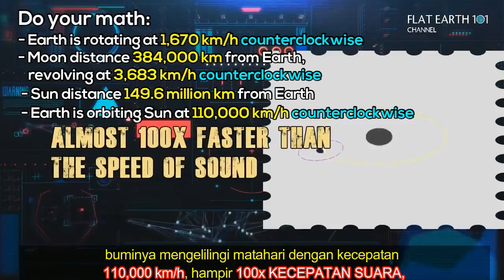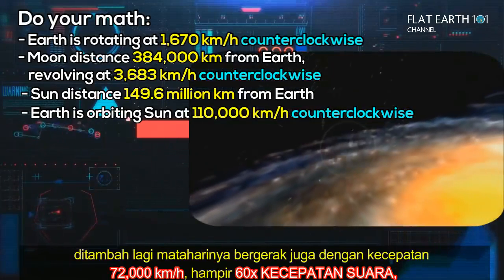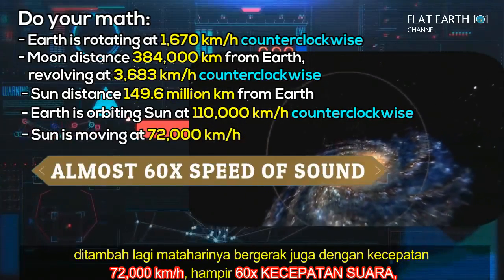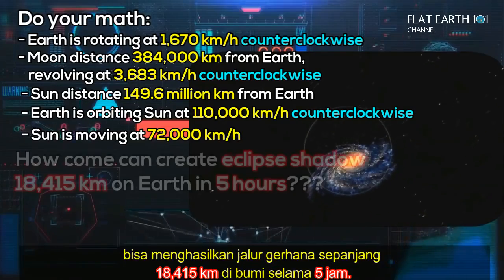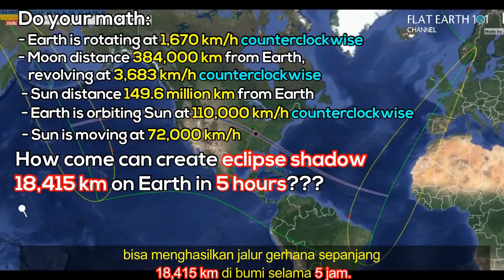It's almost 100 times faster than the speed of sound. Plus, the Sun is also moving at 72,000 km per hour, almost 60 times faster than the speed of sound, can create eclipse shadow 18,415 kilometers on Earth within 5 hours?